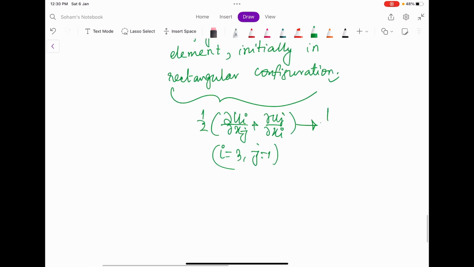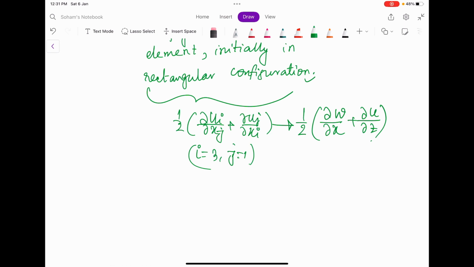So let us understand it deeply. U3 means w, and x1 means x, u1 means u, x3 means z. So this will give you the deformation, the angular deformation. And for the linear deformation you have to look for something else.